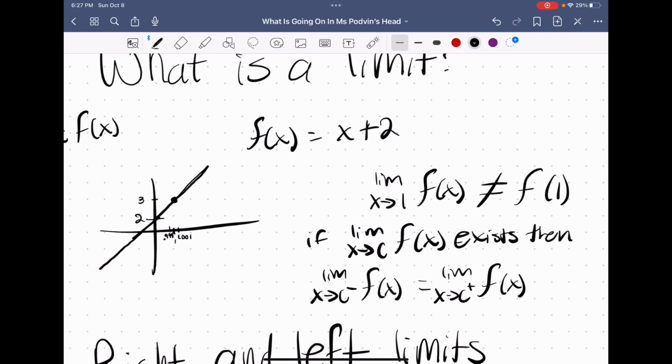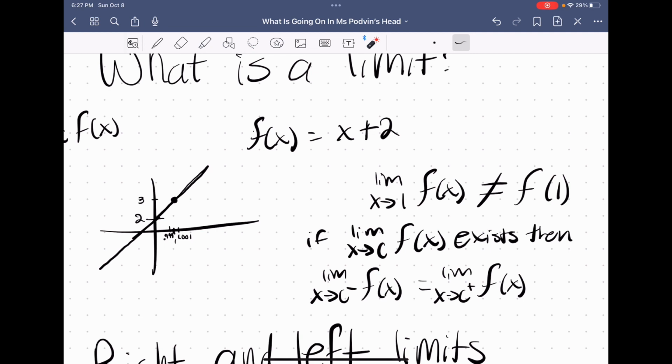This is saying that we need to look from left to right what y value the function is going towards, and we need to look right to left to see what y value it looks like the function is going towards at x equals 1.